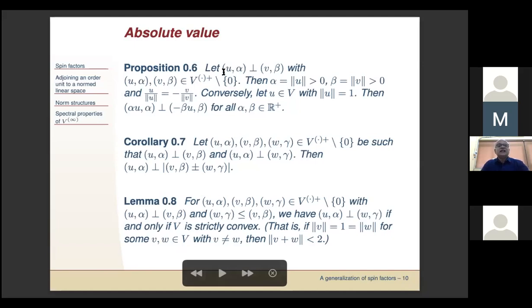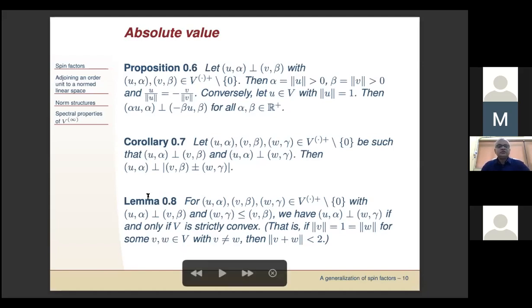And if they are orthogonal, then alpha must be the norm of U, beta must be the norm of V, and the normalized U must be the negative of the normalized V. Conversely, choose any U in V with norm of U equal to 1, then alpha U comma alpha is orthogonal to minus beta U comma beta for any alpha and beta positive. So this is a kind of if and only if condition. We know the orthogonal pairs precisely, besides the zero element.